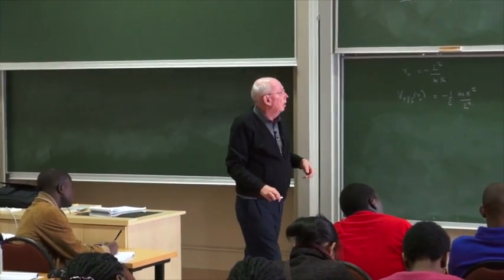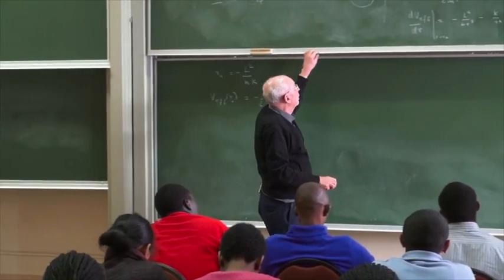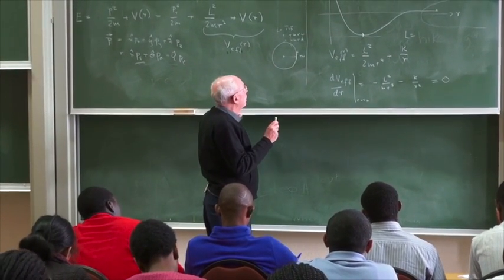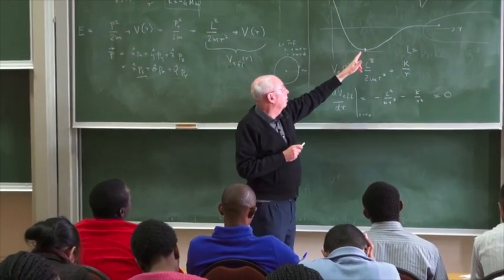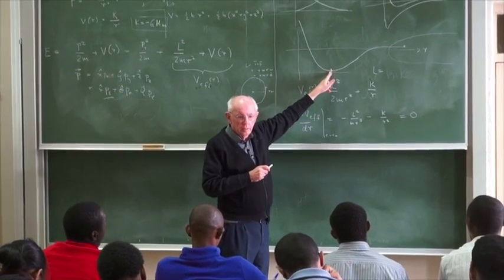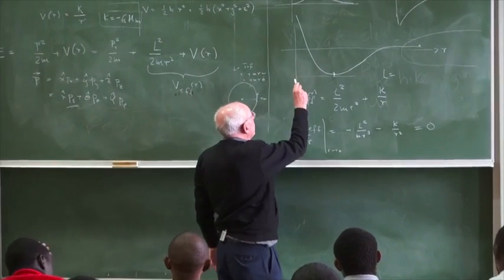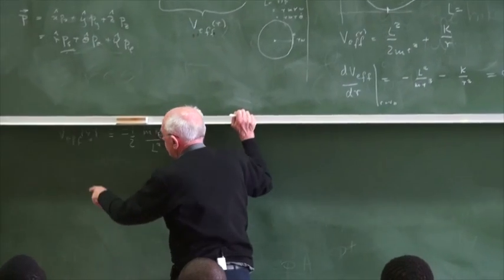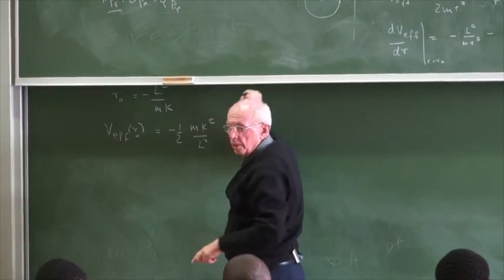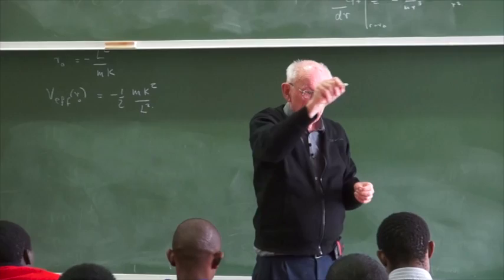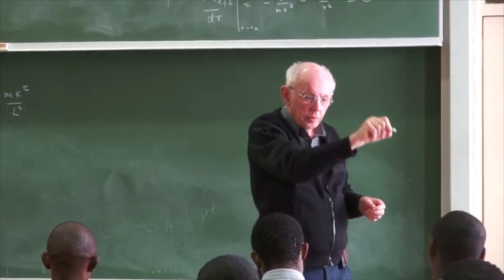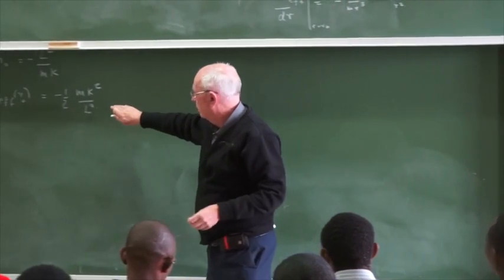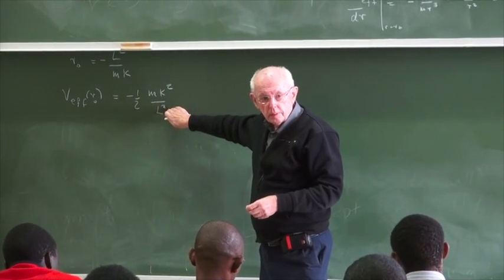Now the interesting point is, what happens if my energy is a little higher than this specific energy? So my energy is not this value, which I have calculated here. That is the energy which the system has for circular motion. It's this value. We've just calculated it.